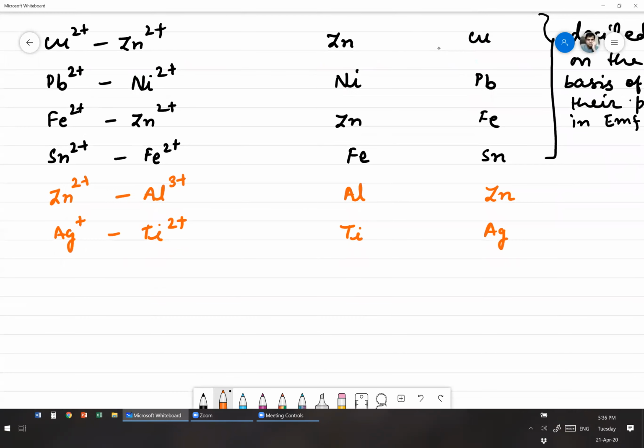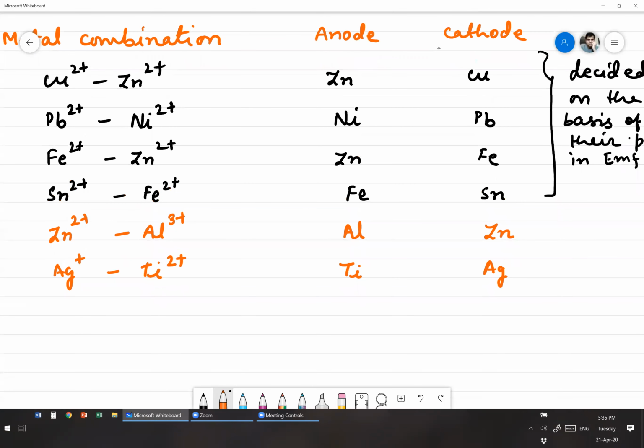Silver is placed above the titanium metal, but still titanium acts as anode and silver acts as cathode. So why does it happen like that? We will see here.